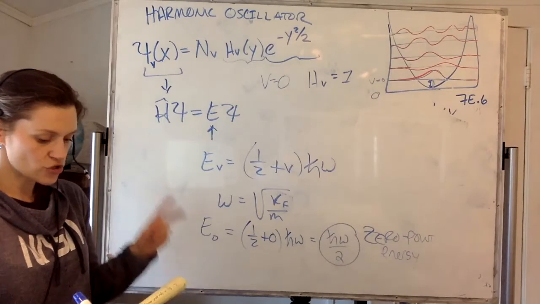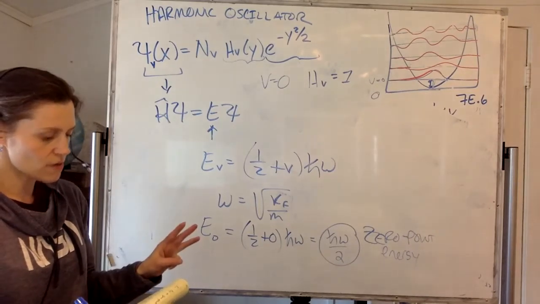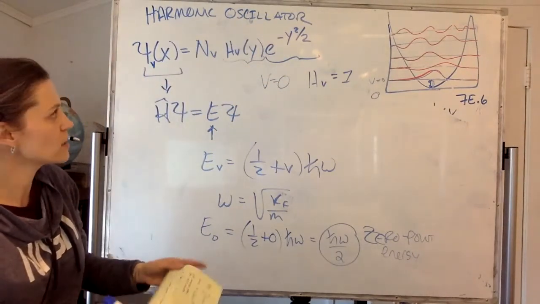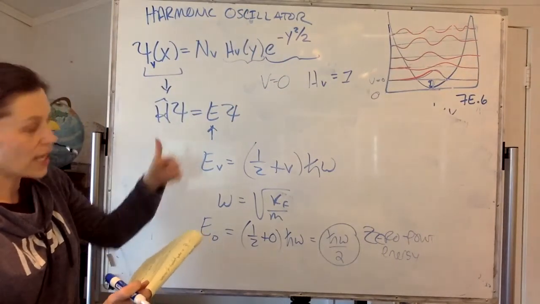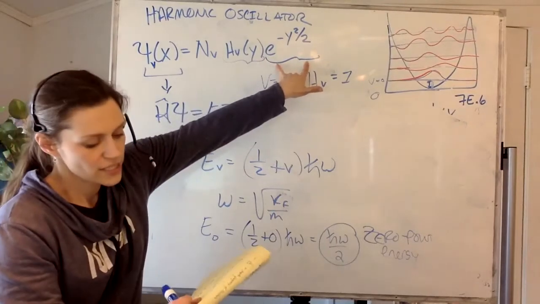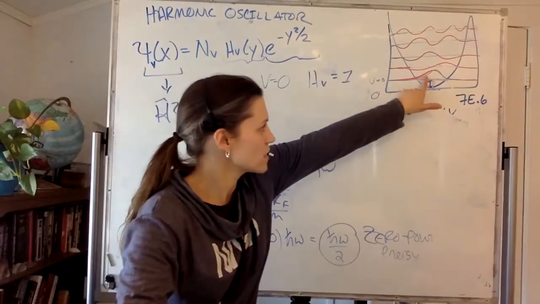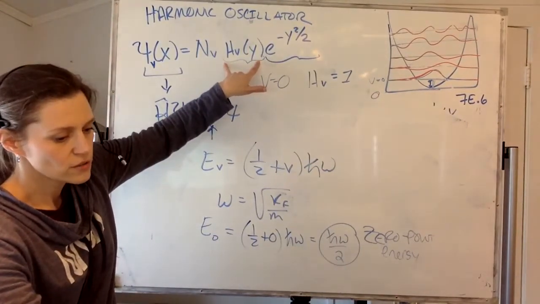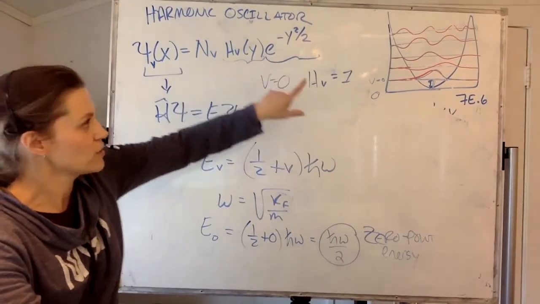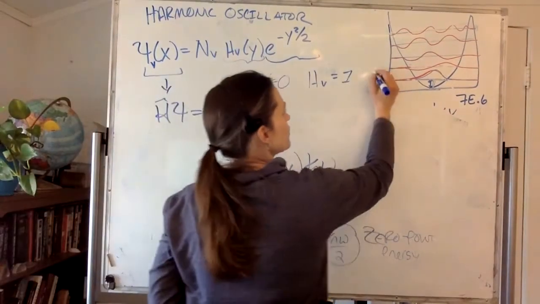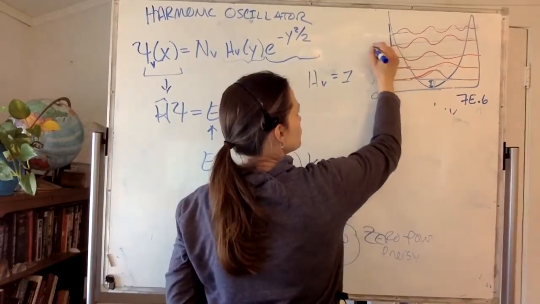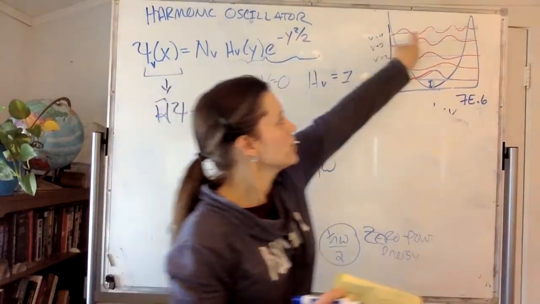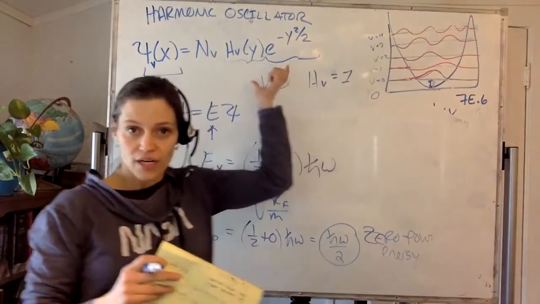So we have 3 things that are originating from this wave function that we've selected for our harmonic oscillator. Number 1 is that the Gaussian, this part right here, makes it go to 0 here. The second part is the polynomial, which matters at large V values. So this is V equals 1, V equals 2, V equals 3, V equals 4. At the larger V values, you're going to have it much more broad. That comes from the polynomial.